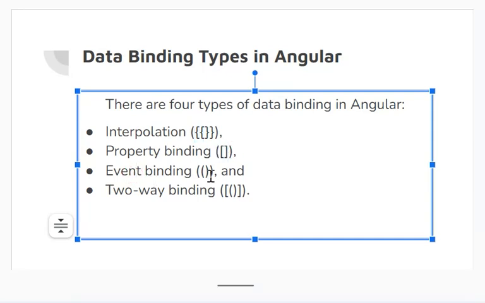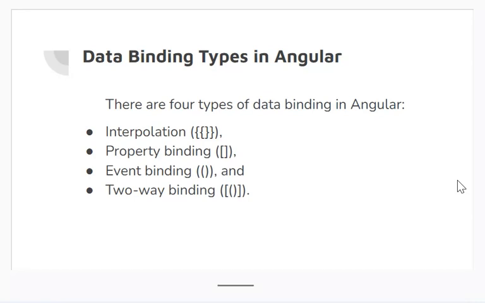In event binding, you have parentheses, and in two-way binding, you use the ngModel keyword with square brackets and parentheses. So you have interpolation, property binding, event binding, and two-way binding. These are the 4 types of data binding in Angular. We can describe them in detail later in another question.